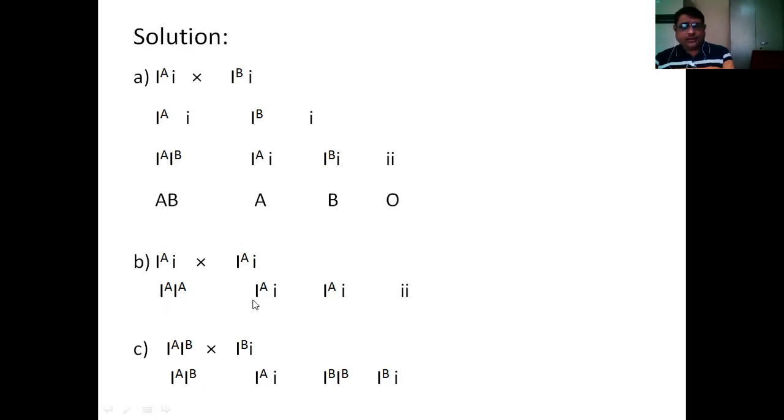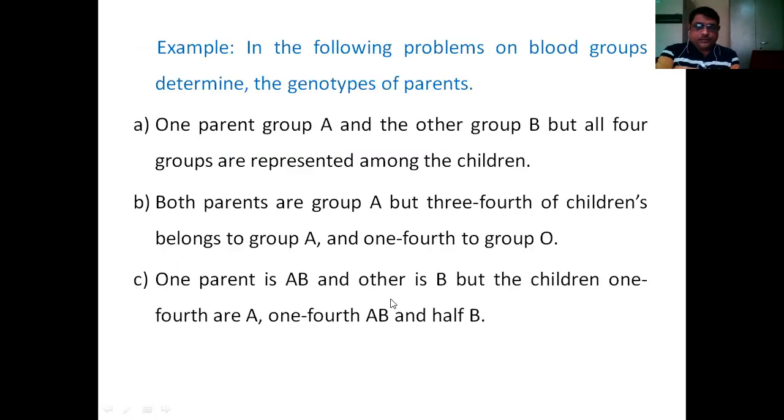So here 3 of the individuals will have the IA gene in their genotype, while one individual will have both small i.